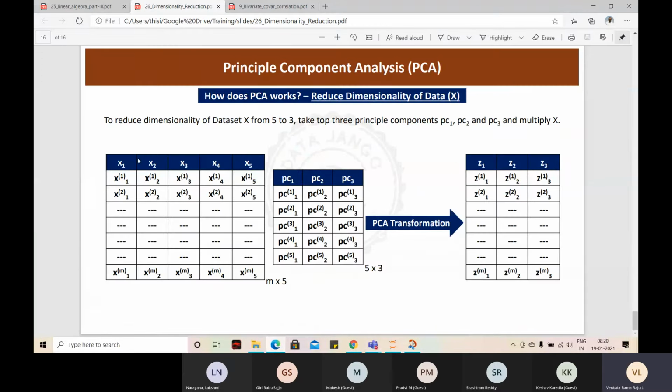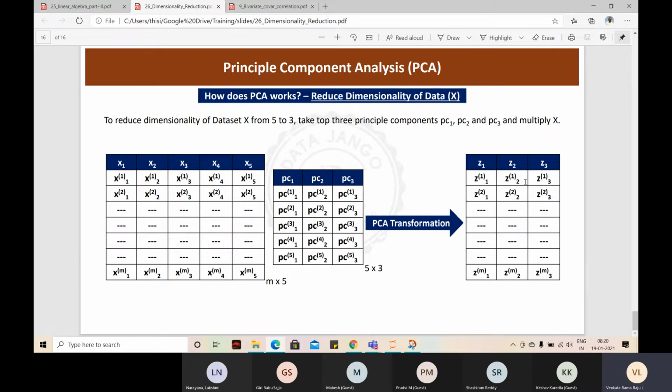If you have multi-collinearity in your data, and you apply principal component analysis and then transform your data, your multi-collinearity will be gone. Z1, Z2, Z3 are going to be independent of each other and they will extract all the multi-collinearity from the data.